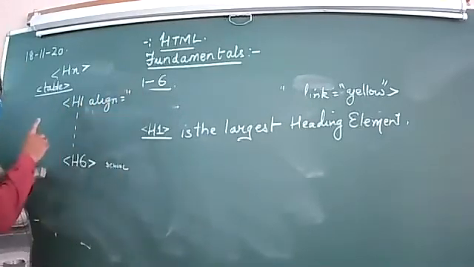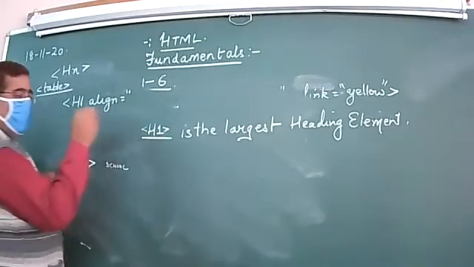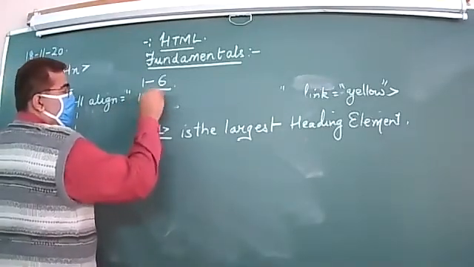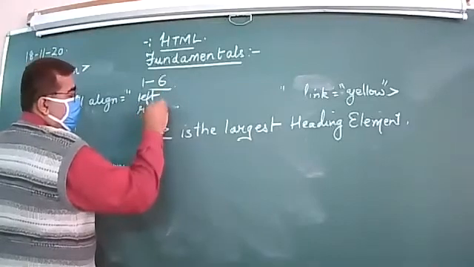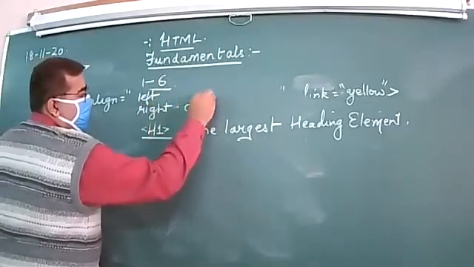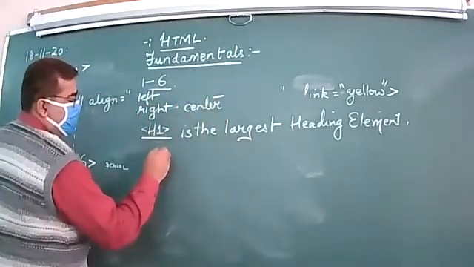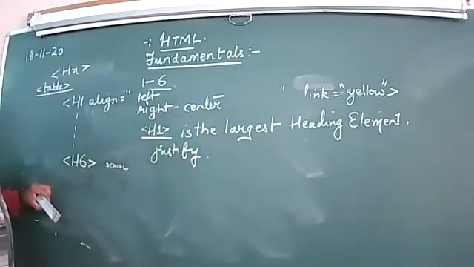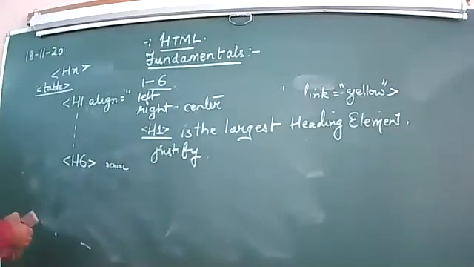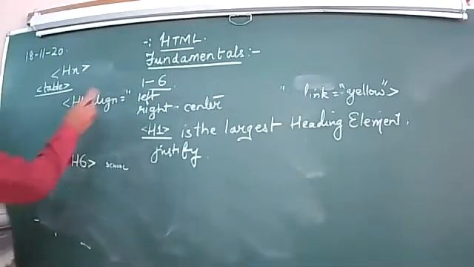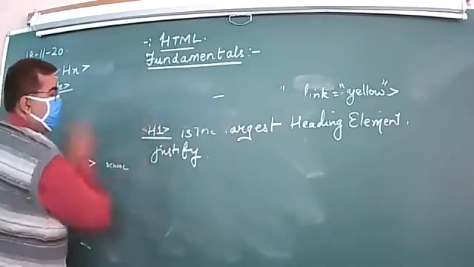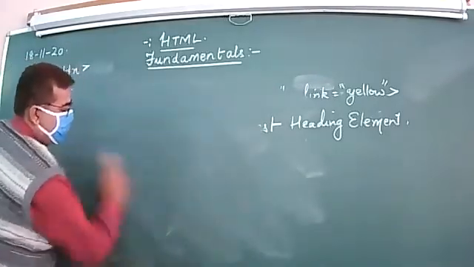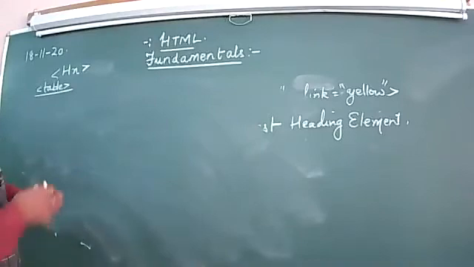So heading elements also have one attribute that is called align. And the align attribute of the heading tag can take values left, right, center, or justify. Suppose I want to display my heading in the center of the page. You have two options. Suppose the heading is cyber ethics.